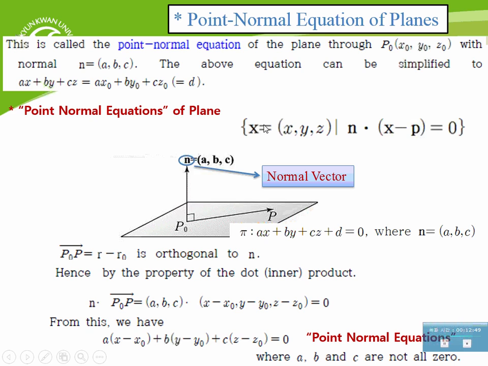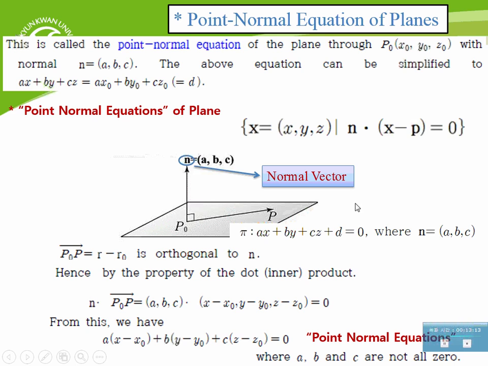The set of those vectors x should be on this plane, which is orthogonal to the normal vector. So this represents the plane that you have seen here, as the points that satisfy this equation.